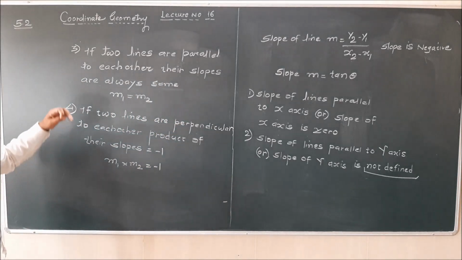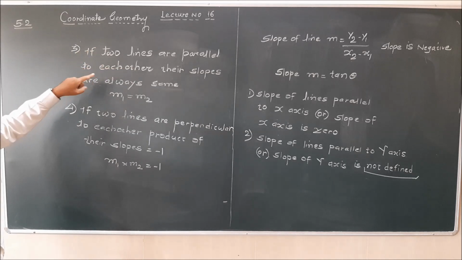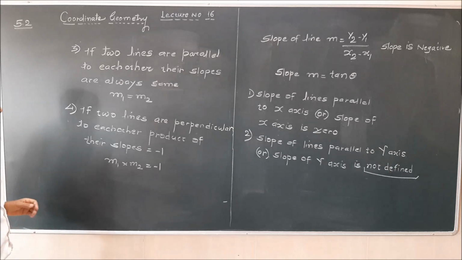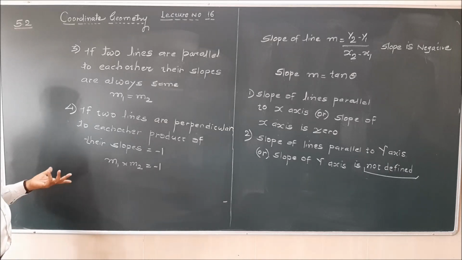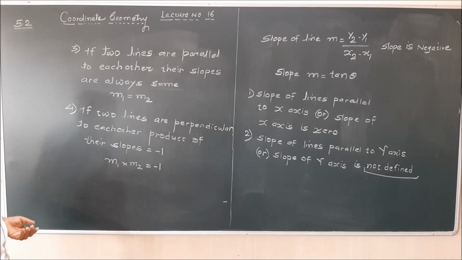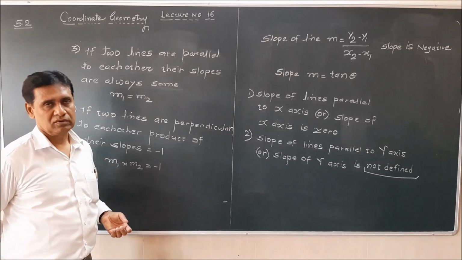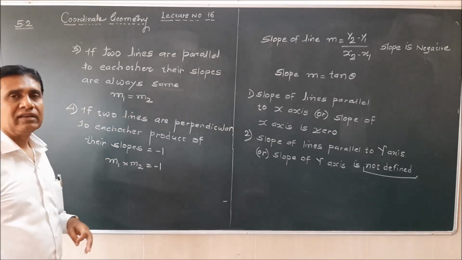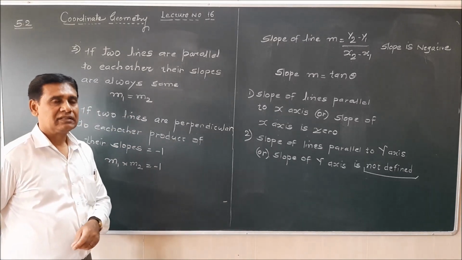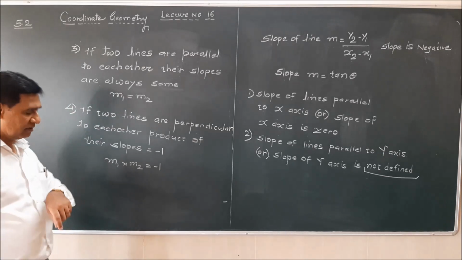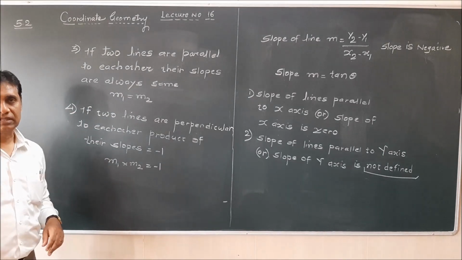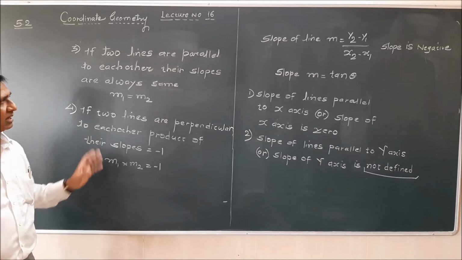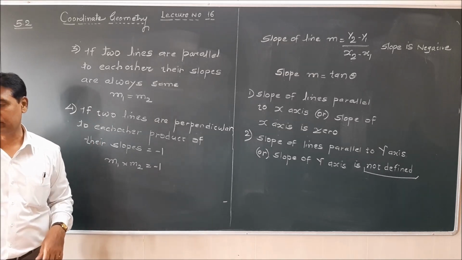If two lines are parallel, their slopes are always the same, so m1 is equal to m2. If two lines are perpendicular, the product of their slopes is -1, so m1 into m2 is -1. We have to remember all these points while solving the next exercise, Exercise 5.3. So I'm going to begin now. But please remember all these points carefully.